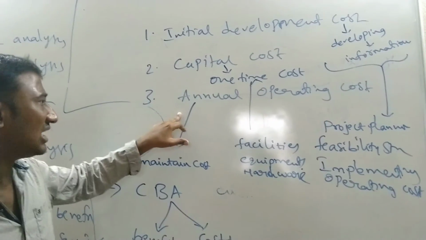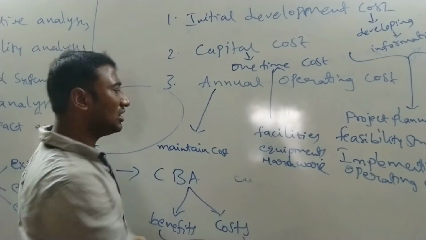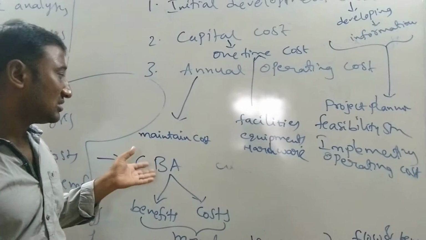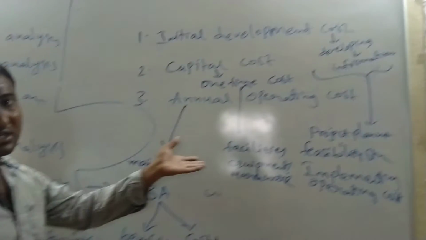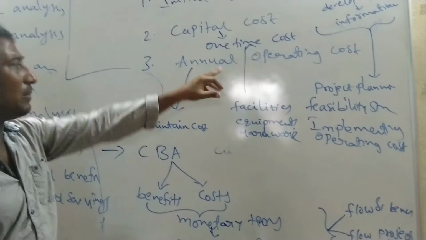And the third one is annual operating cost, which is nothing but every year we are maintaining, repairing and modifying some operations on the capital cost.